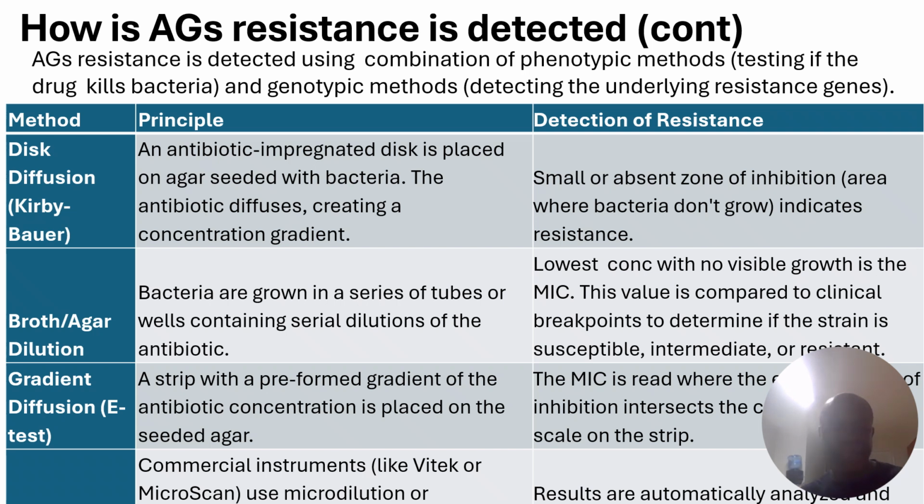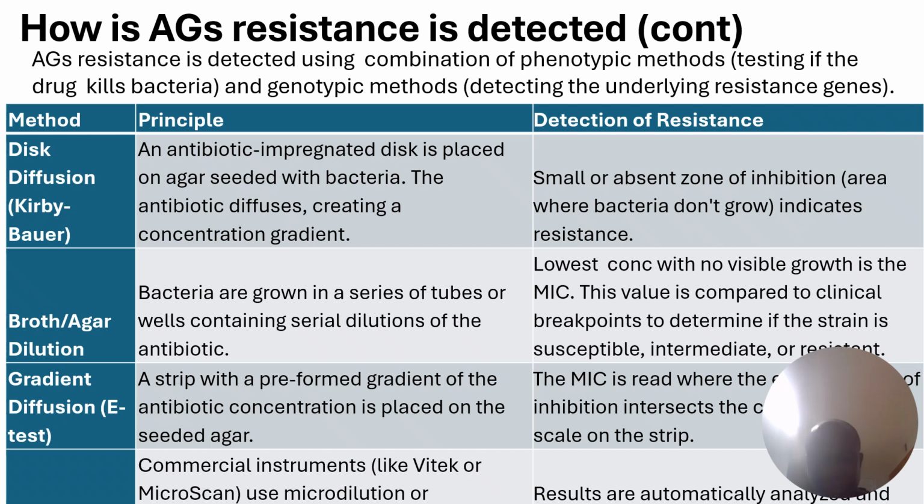How is AGS resistance detected? So far, we've learned two of the methods: the disk diffusion or Kirby-Bauer method, and the broth and agar dilution method.